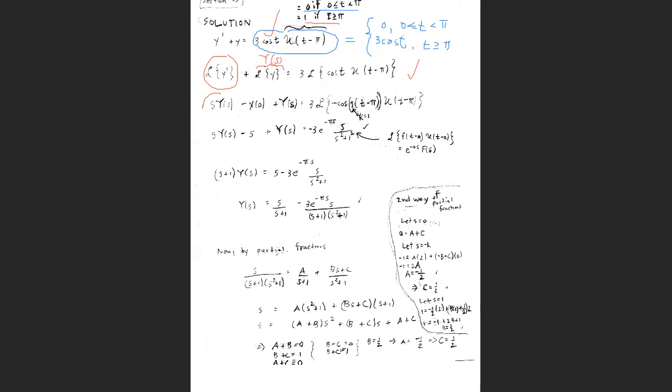Little y is my function, so I'll let big Y be my Laplace transform, just like if I had a little function f, the Laplace transform would be a big function F. So the Laplace transform of y prime is just s times big Y of s minus y of 0. And the Laplace transform of y is just big Y of s.